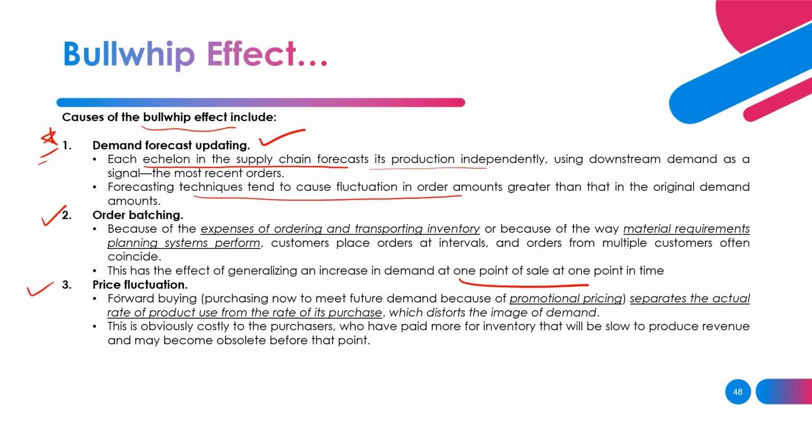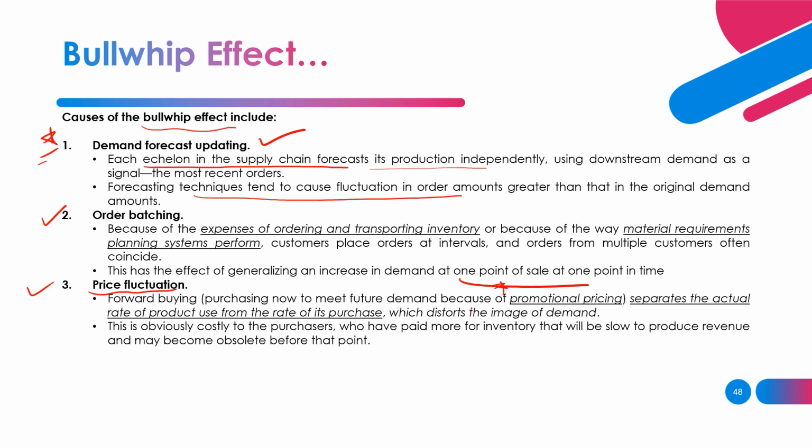The third cause is price fluctuation, mainly due to promotional activities. Promotional activities also cause this bullwhip effect, due to the fluctuation in prices. That's where the demand starts increasing and we have to maintain, or order, a larger inventory.